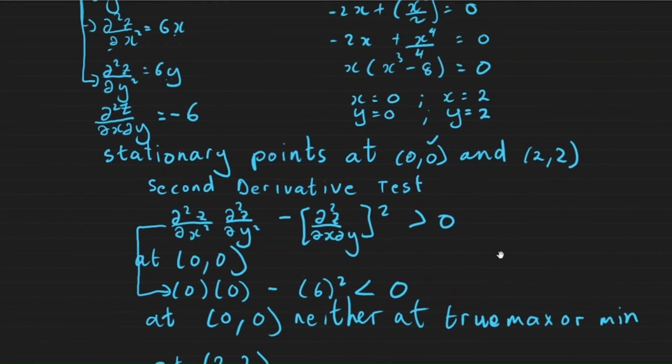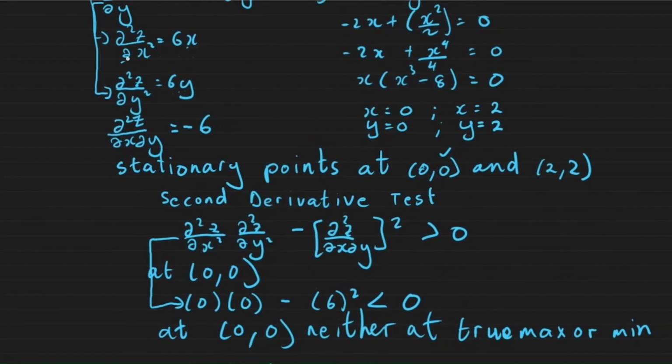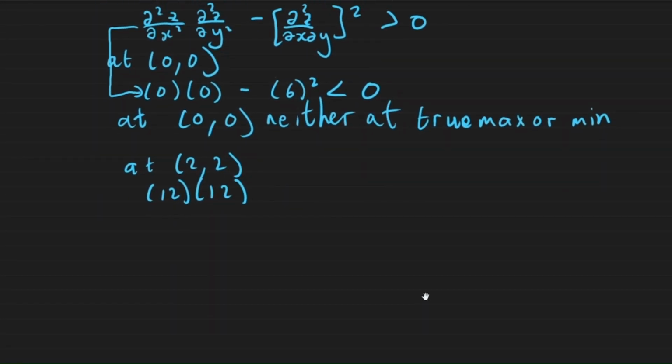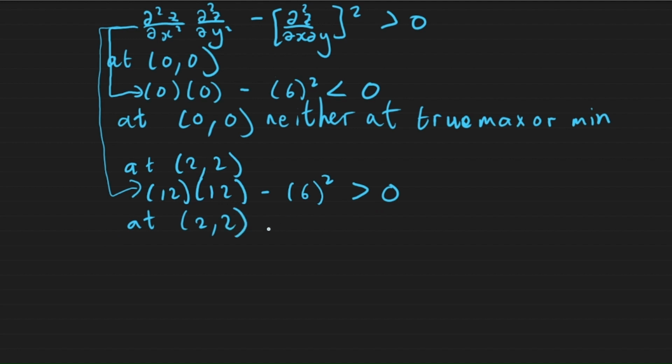So we're at the point 2, 2, and let's remind ourselves, the second derivative with respect to x is 6x, so we're substituting 2 in here, so that's 6 times 2. And again, we're subtracting 6 squared. So 12 times 12 is 144 minus 36. I mean, this is definitely greater than 0. So at point 2, 2, we do have a true maximum or minimum.